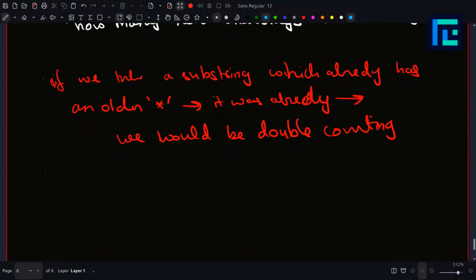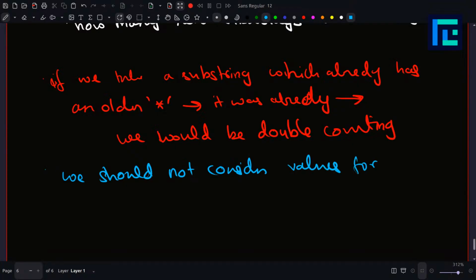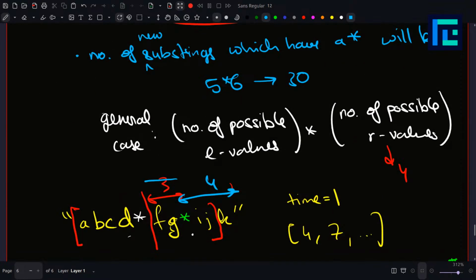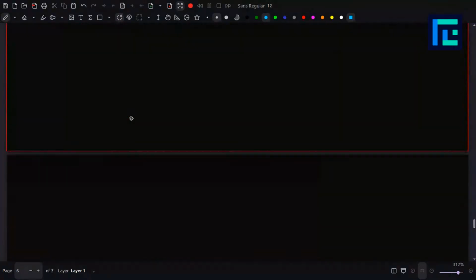We should not consider values for L or R beyond the next star position. The stars should be blocked, because otherwise if we count those also, that would be overcounting the substrings, and we do not want to overcount the substrings.